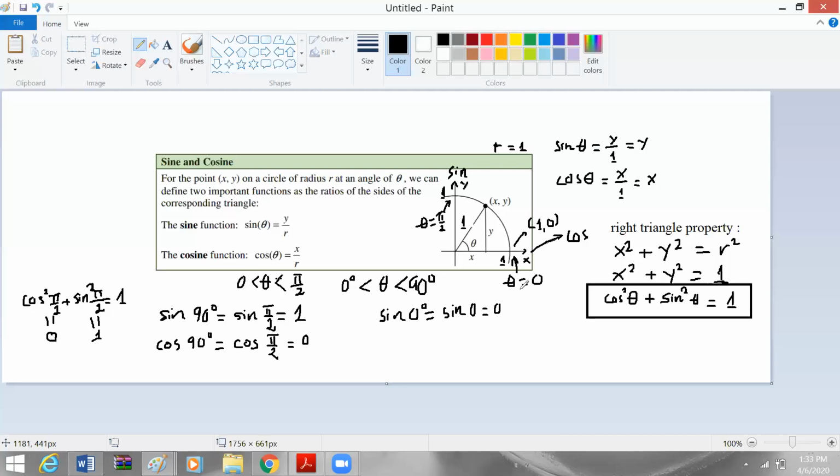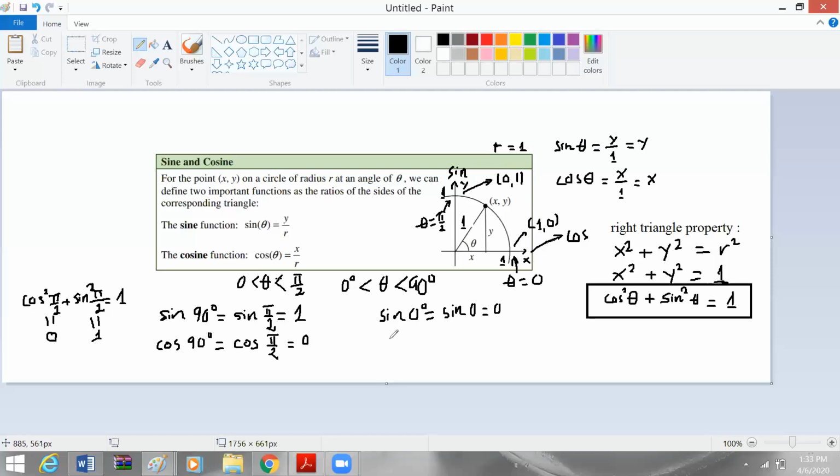So at this point, when theta equals 0, we cannot see any value for the y. So the y will be equal to 0, and x will be equal to 1.